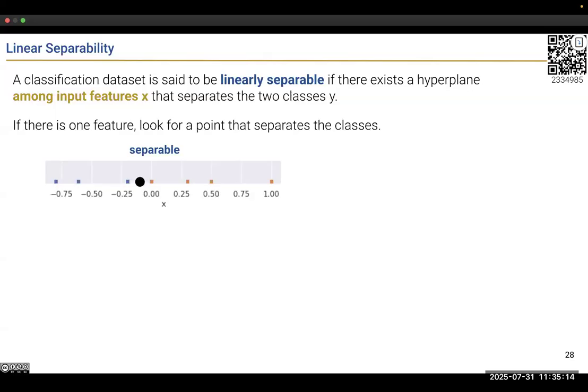What is an example of a non-separable data set? Something like this: I have 2 blue points, 2 orange, a blue here, and then 2 oranges again. So this blue point is going to cause me some trouble, because I cannot drop a point anywhere that separates the class 0s and the class 1s.